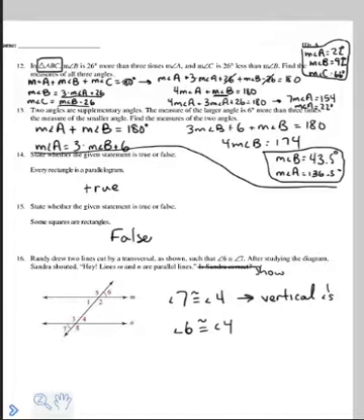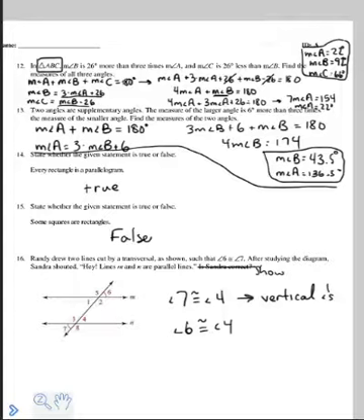So if the measure of angle 6 is congruent to the measure of angle 7, and the measure of angle 7 is congruent to the measure of angle 4 by vertical angles, then we can conclude angle 6 is congruent to angle 4.